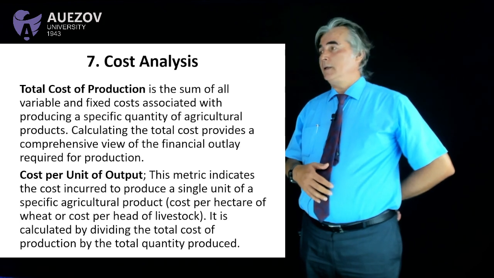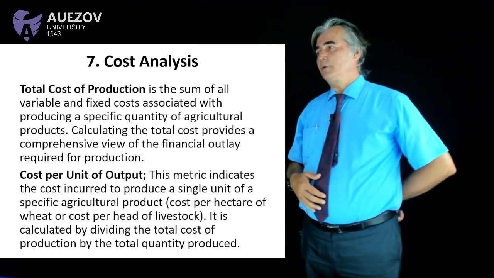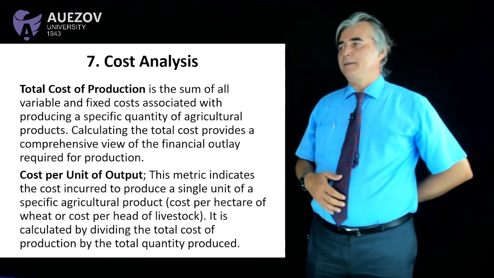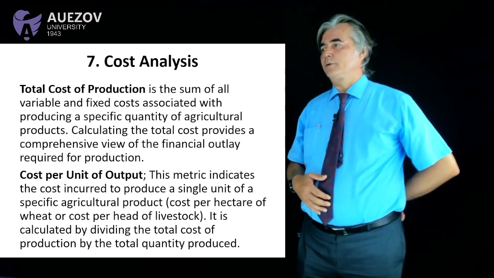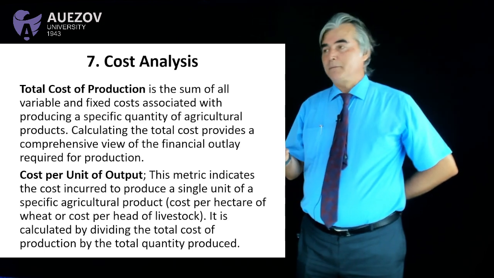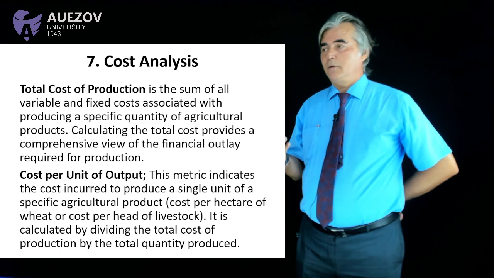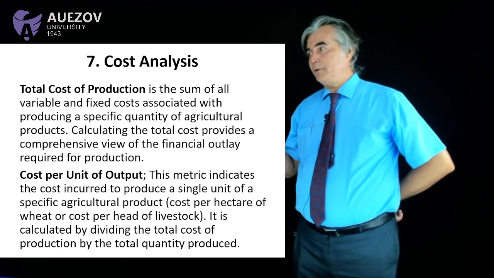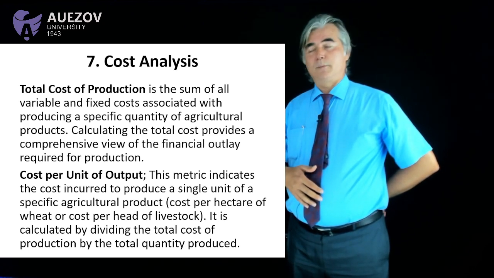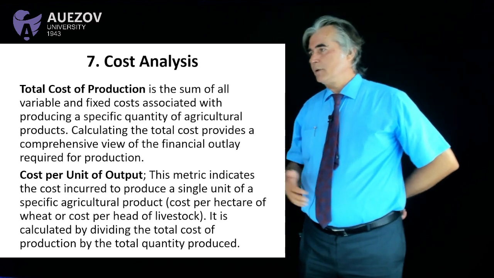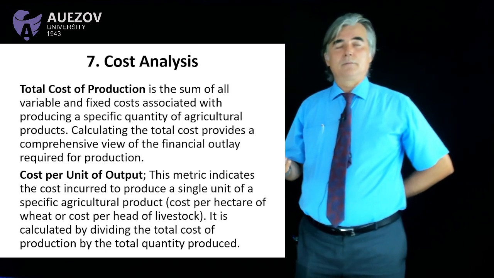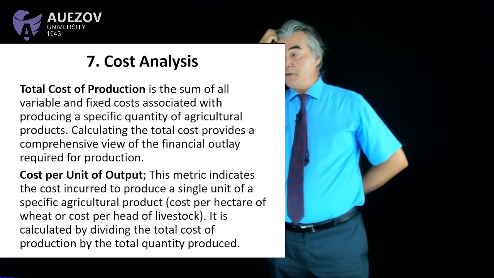It provides a comprehensive view of the financial outlay required for production. Cost per unit of output: this metric indicates the cost incurred to produce a single unit of a specific agriculture product, such as cost per hectare of wheat, apple, or cost per tree of apple, or per hectare, kilogram of tomatoes, potatoes, or cost per head of livestock, kilogram cost of milk, cheese, maybe.